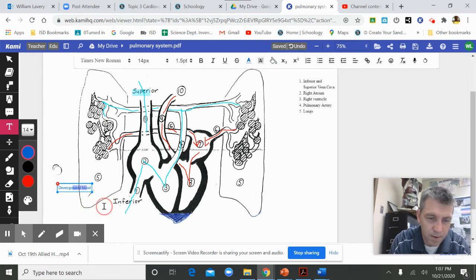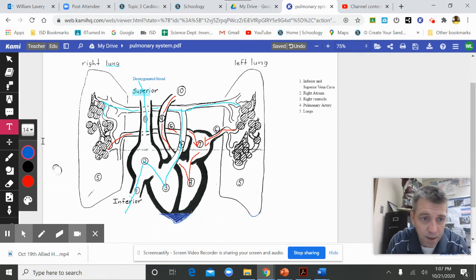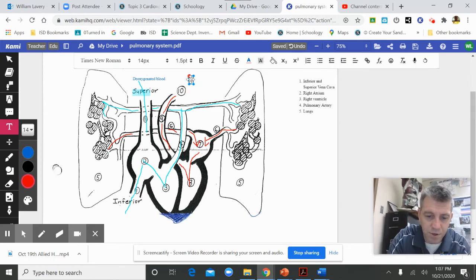All right, that's why it's blue. Okay, that's the right side. The left side is oxygenated blood. That's why, because it's coming back from the lungs, oxygenated.